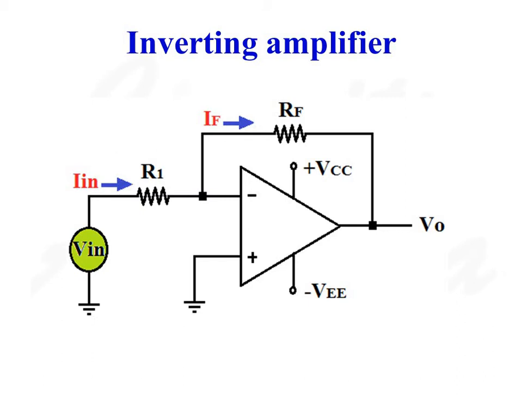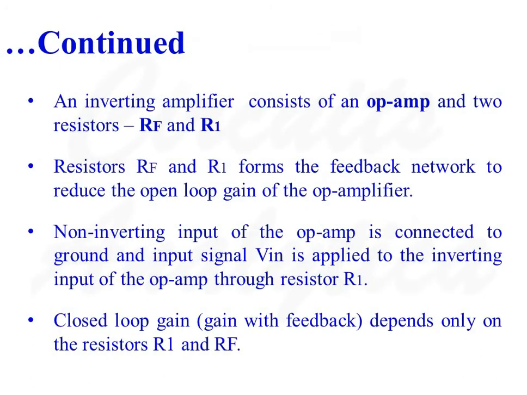A resistance RF is connected between the output and inverting input of the operational amplifier, which provides feedback. So here, the closed loop gain of the circuit depends only on the resistors R1 and RF.